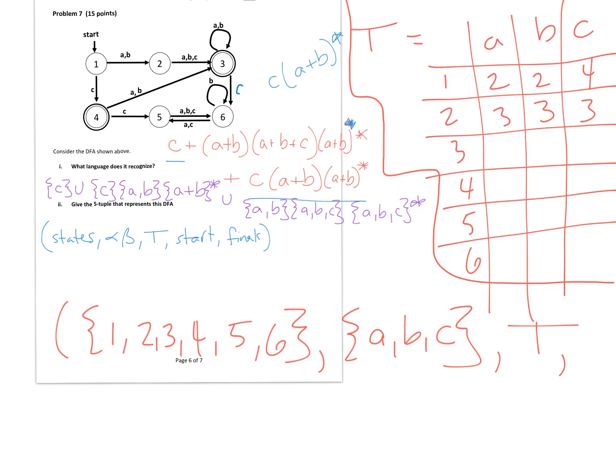So in state 3 on A and B, you stay in state 3, but on C you go to state 6. And if you are at state 4 on A and B, you end up at 3, but on C you end up at 5. State 5, no matter what you do, you go to 6. State 6 stays at state 6 for a B, but goes to 5 on A and C. So there's my transition table.